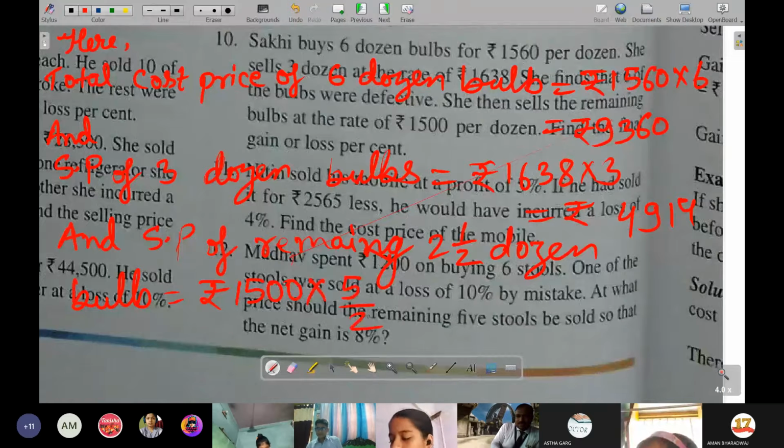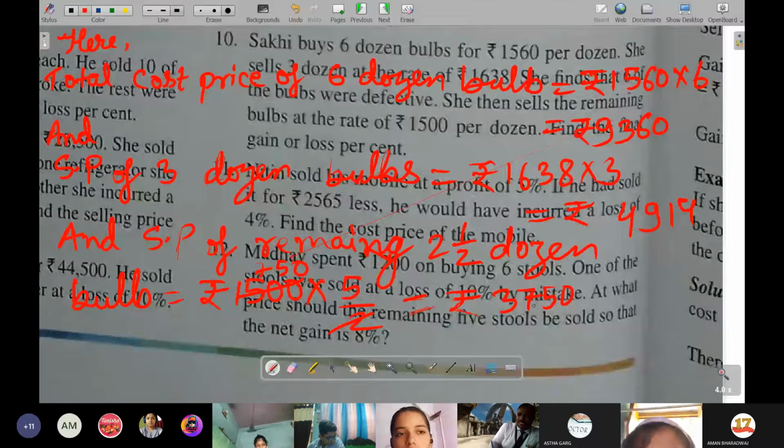So of course it will become 750, and 750 when multiplied with 5 it will become rupees 3,750. 0 0, 5 5 is 25, carry 2 and 5, yes, this is right.